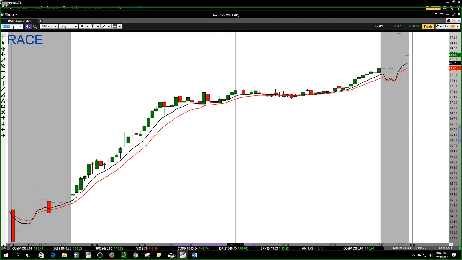We're not using anything else but the 8 and the 13 EMA strategy. The simplicity of this strategy is it's a little too simple sometimes, and people don't want to use it because it's just too stupid to use, and it's the easiest thing that you could use. It's a strategy that I've kind of developed that I like to use, and so, 8/13 strategy.